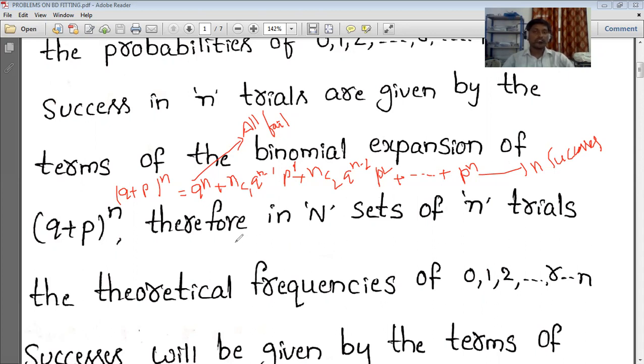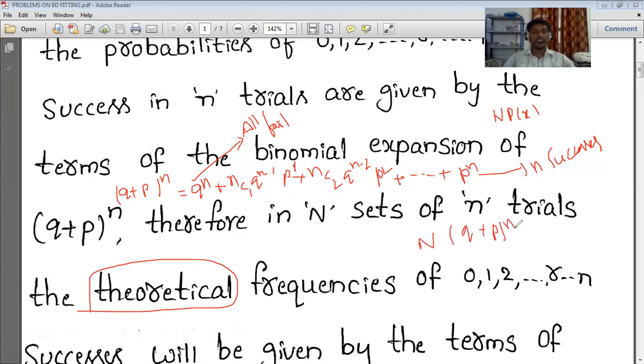Therefore, in N sets of n trials, the theoretical frequencies of 0, 1, 2, 3 and so on successes will be given by capital N into P of x. In the same way, when calculating frequencies, we choose capital N into (q plus p) whole power n.